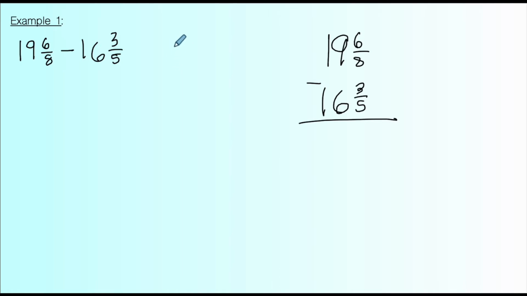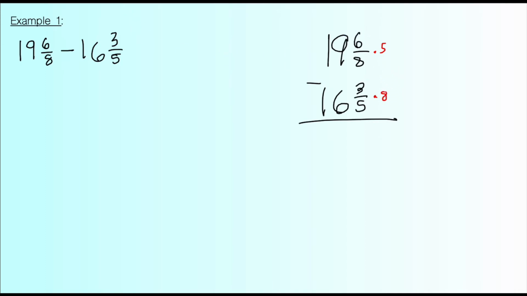That's the quickest way, but you could also try to see if they have a lower number in common than that. Here, the lowest number they have in common is 40, so that's going to mean for this first fraction, you need to multiply everything by 5. And for this second fraction, you need to multiply everything by 8.